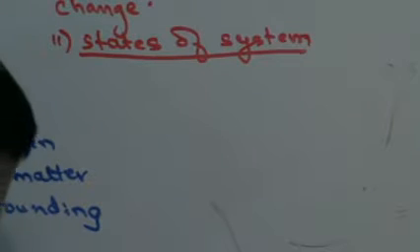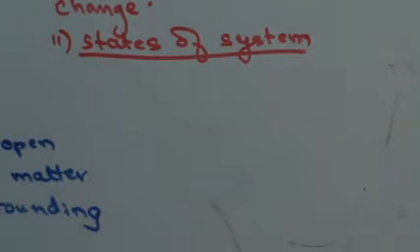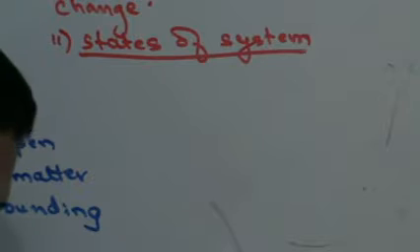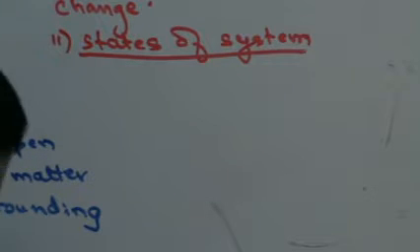For example, if I consider a system made up of pressure, volume, temperature, if I change any one of them, the initial and the final state both would change. Such a group of properties are called the states of a system. So the states of a system are a set of conditions of the system.